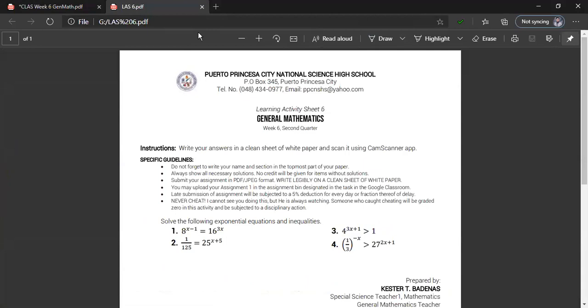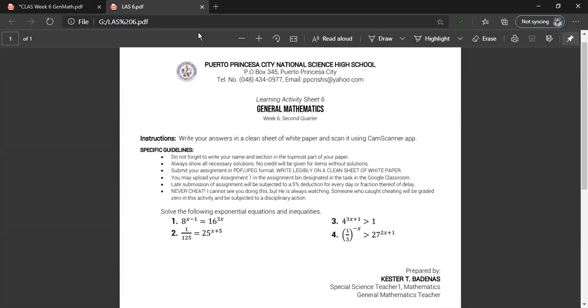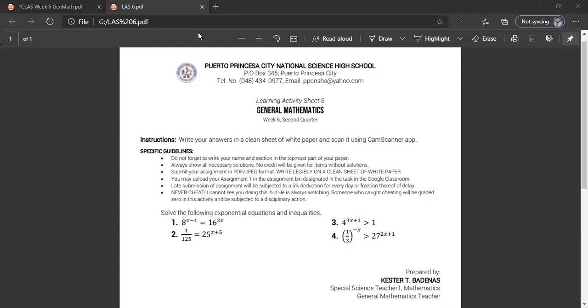So, kaya naglagay ako doon ng let's do this for you to try, para makuha niyo yung tamang sagot on your own, based on what we have discussed and based on what is in our learning activity sheet. Okay? Ngayon, class, nakikita niyo ba? Okay, naka-present pala.